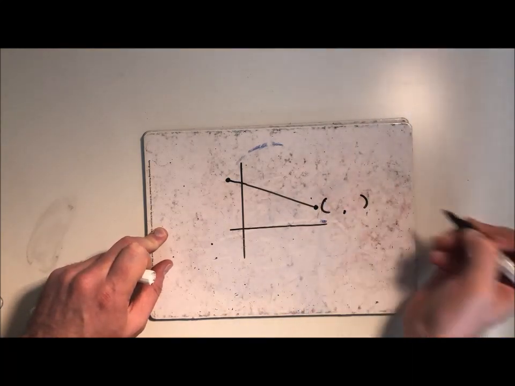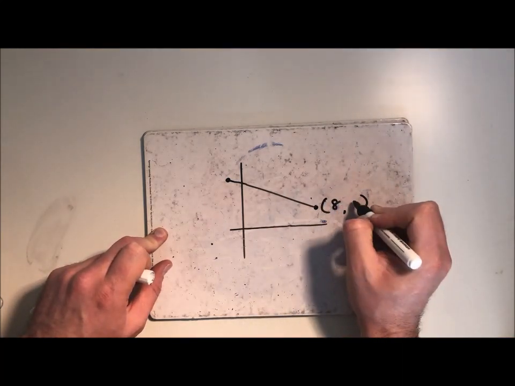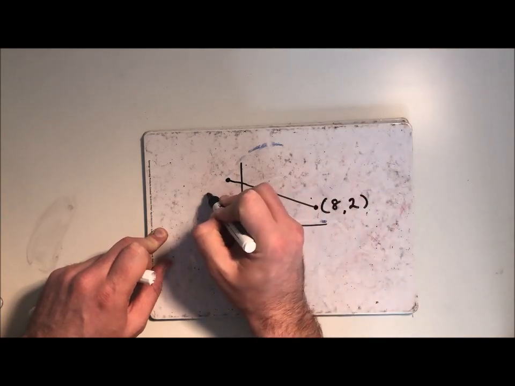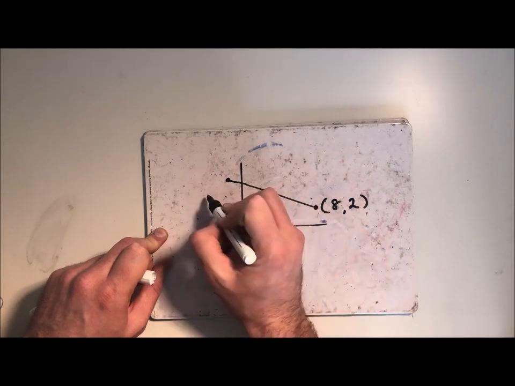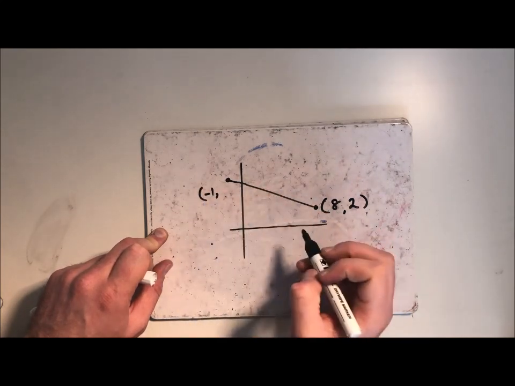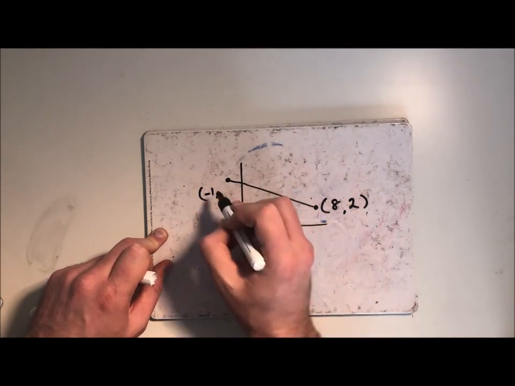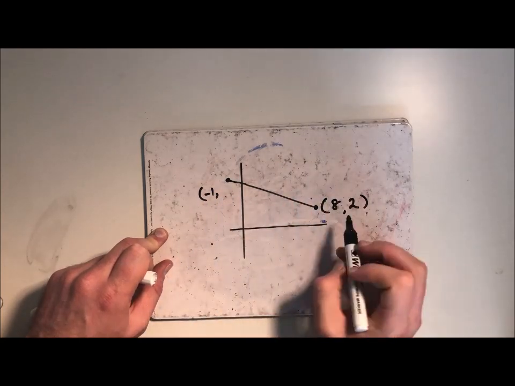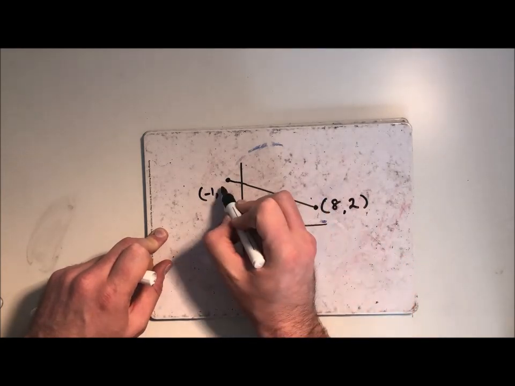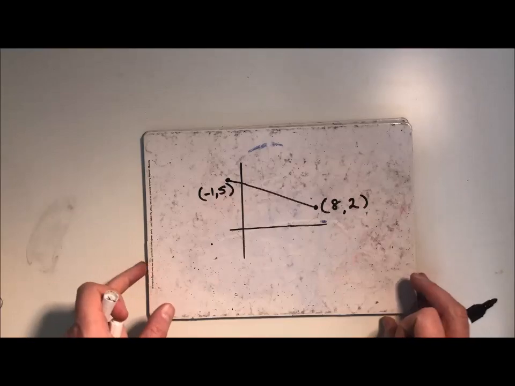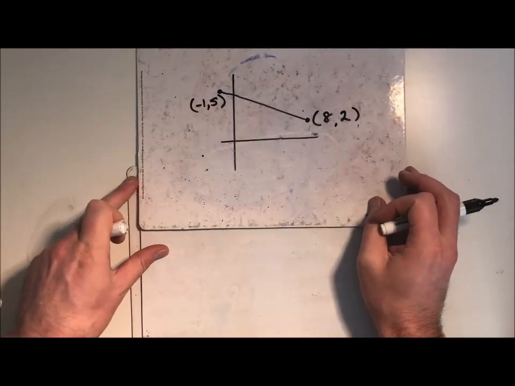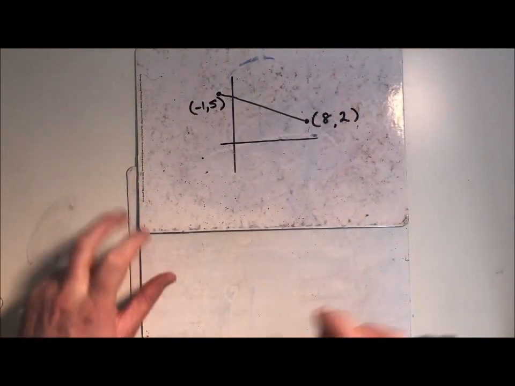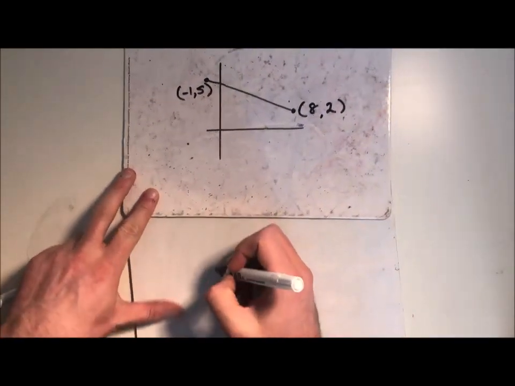So over here, let's say that's 8, 2, and up here we've got -1. I'm just going to make it very random, because if it's a fractional answer that's horrible, then that's a good thing, because you need to be able to do fractional answers that are horrible. Okay, so there's your question. And again, you can pause that and copy that down.